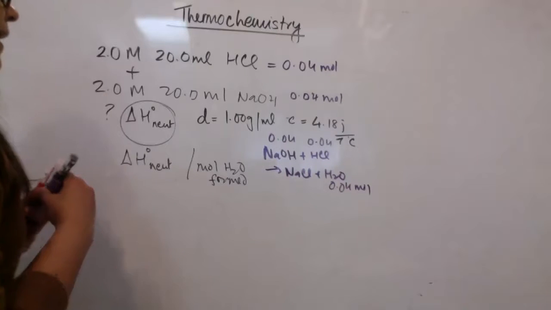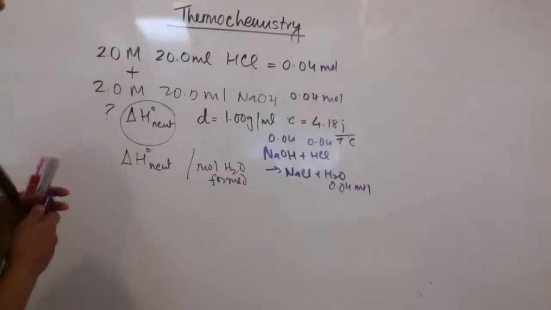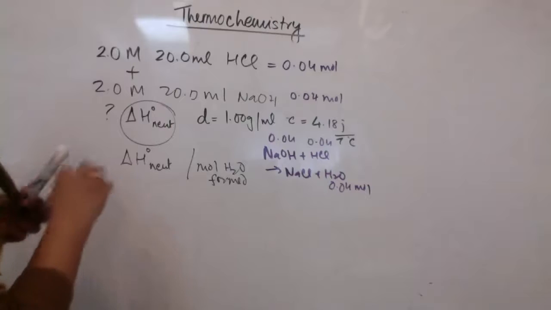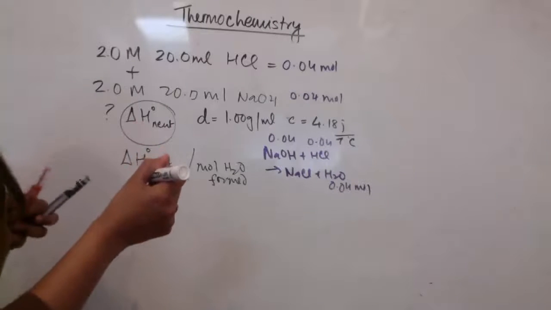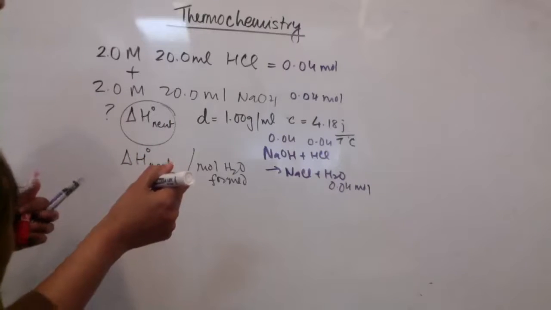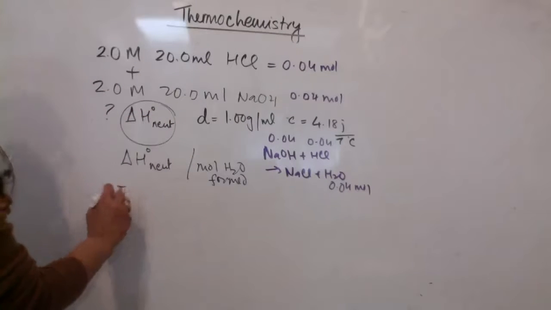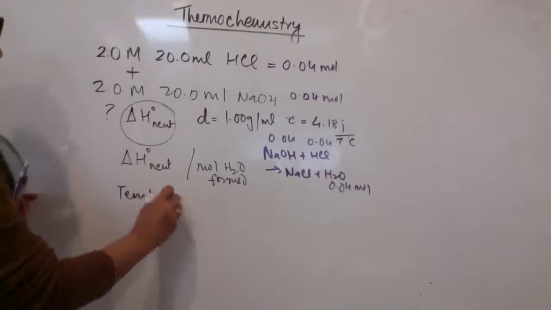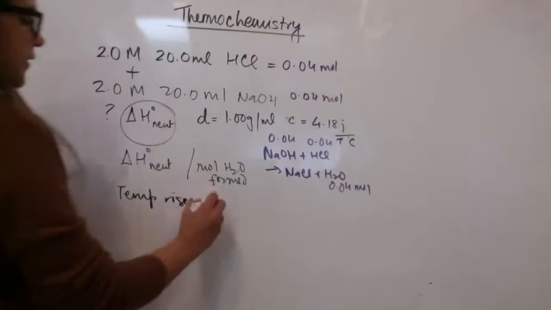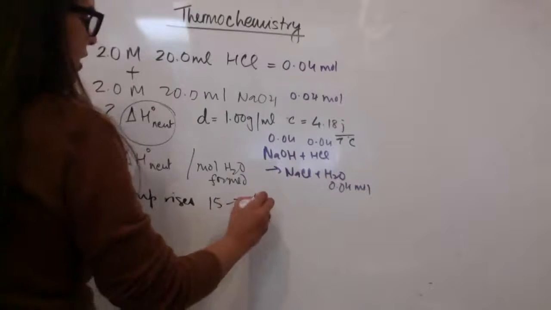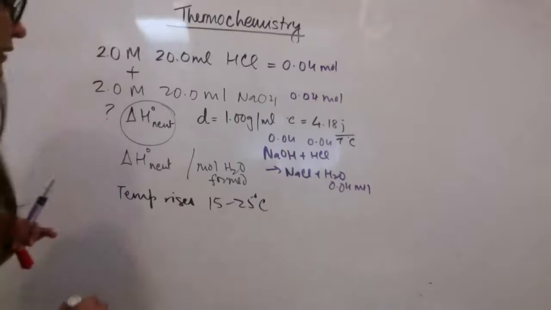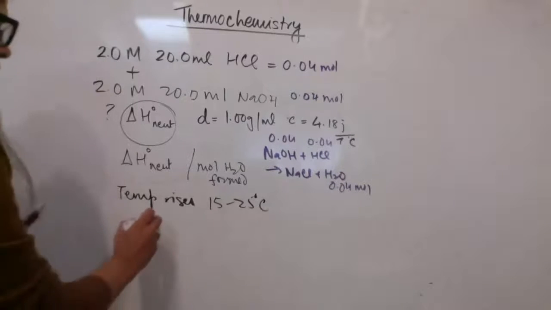And I say, how much is the heat of neutralization? So I'll need to tell you the temperature rises from 15 to 25 degrees Celsius. Let's say I said that as well.